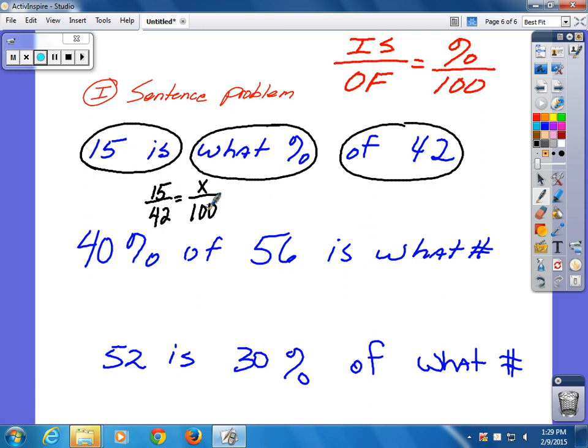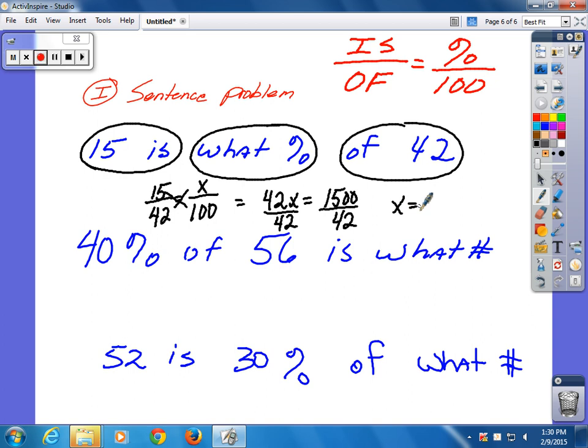Just multiply across. You get 42x is equal to 1500. Now take your calculators out. Notice I said take your calculators out because you need them unless you're Rain Man. Divide by 42.